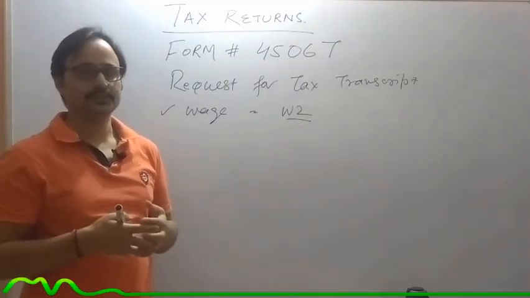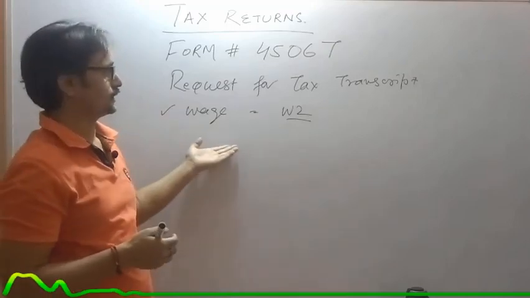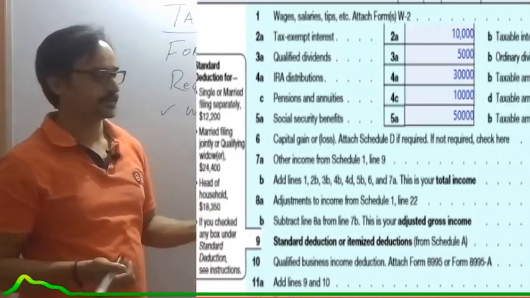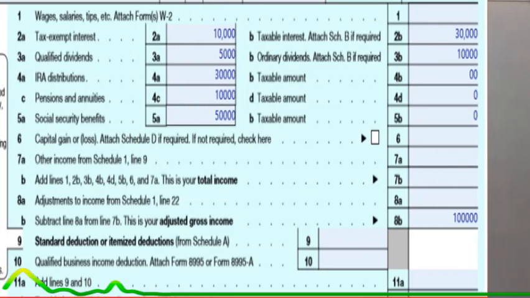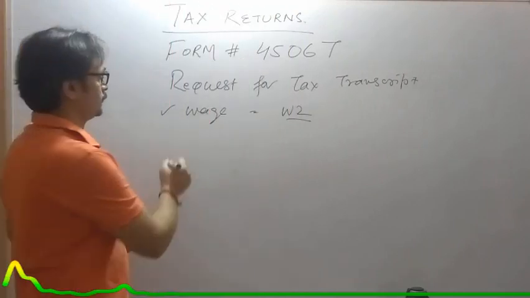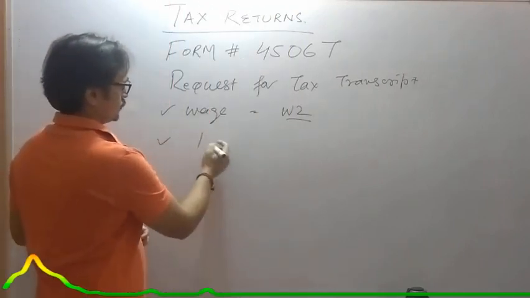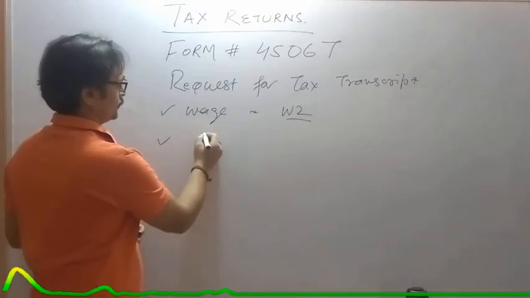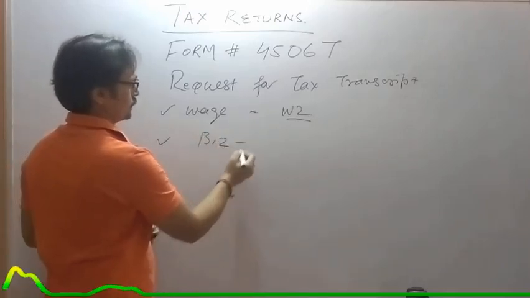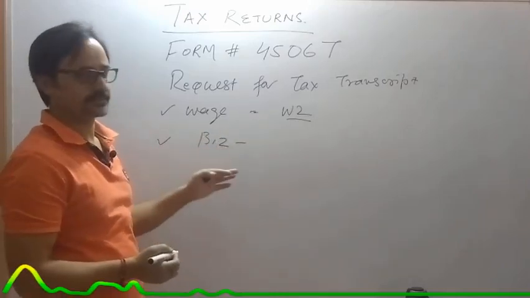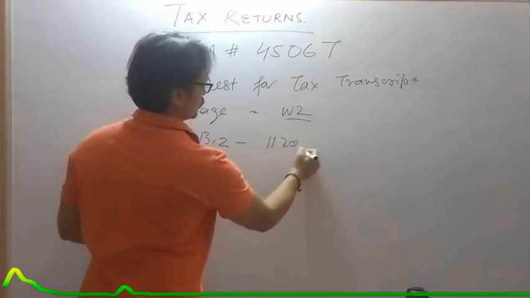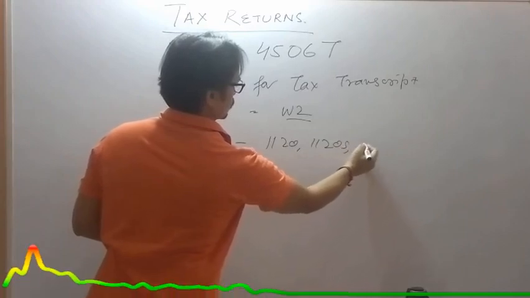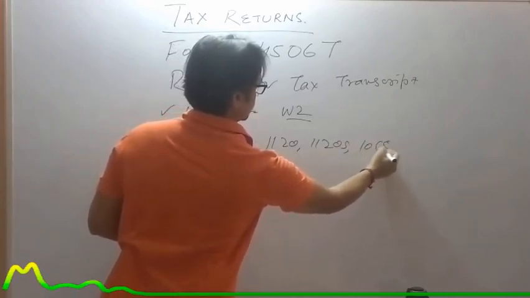The IRS will ask what type of transcript we require and for what purpose, so we can write on the form that the W2 transcripts are required. If we need other things, like a business schedule, we can check mark the business schedule and write whether it's 1120, 1120S, or 1065, whatever the form.